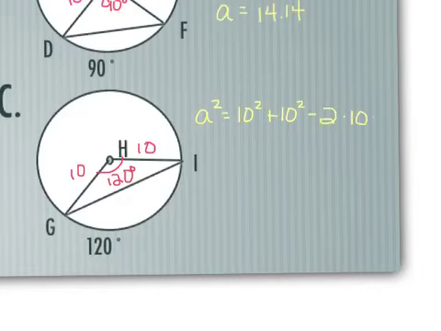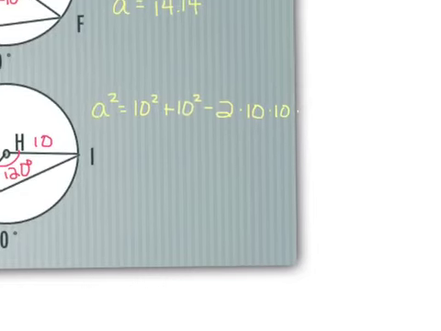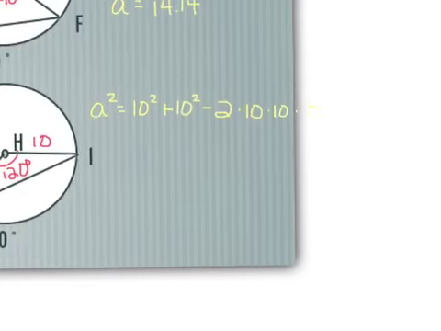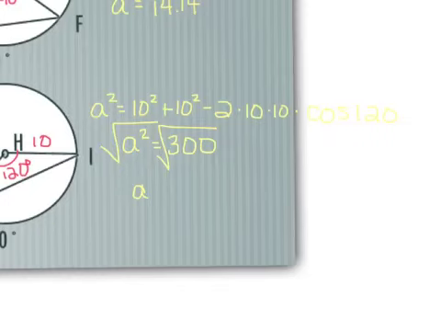I want you to see how easy this is. Times cosine 120. It might be hard to see, but it says cosine 120. Let's type that in. This one comes out to be 300, which when I take the square root of that, I get about 17.3.